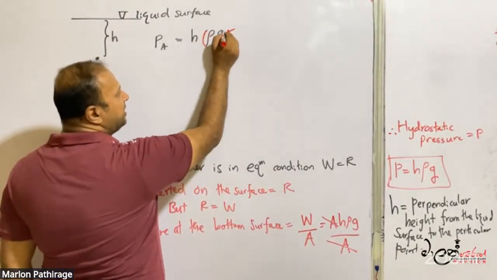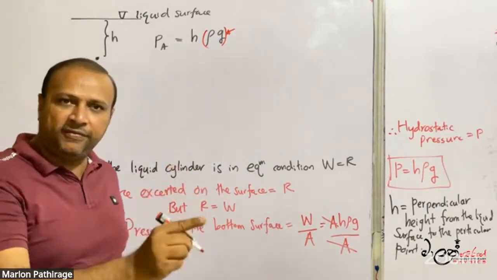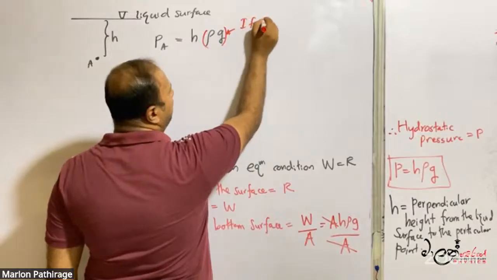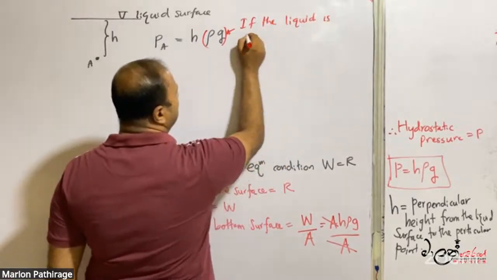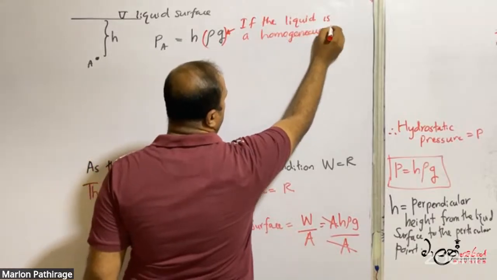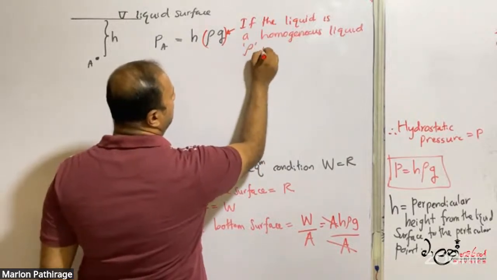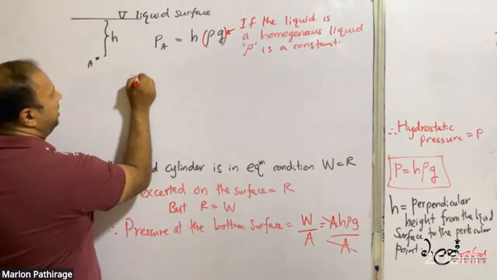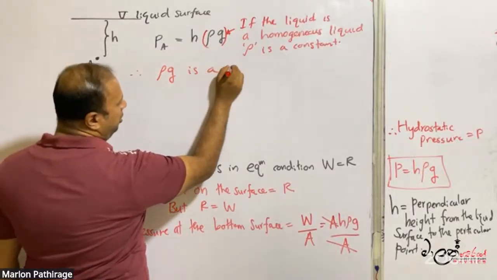Therefore, if the liquid is a homogeneous liquid, rho is a constant. Therefore, rho g is a constant.